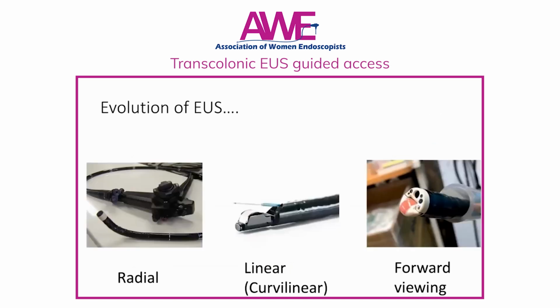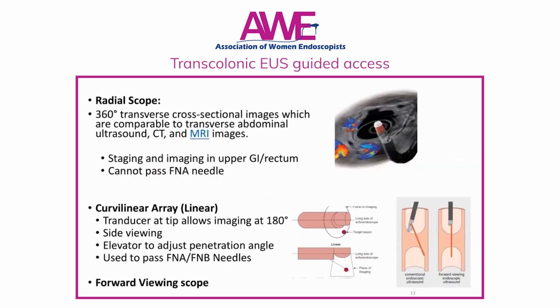So the evolution of EUS, we have moved from radial to linear to forward viewing, and we're all familiar with this, where we know that the radial scope has a very nice 360 degree transverse cross-sectional image, but we're not able to carry out any intervention. And then the linear scope has an imaging view of 180 degrees, side viewing. We have an elevator, and we're able to carry out FNA, FNB, and drainage procedures.